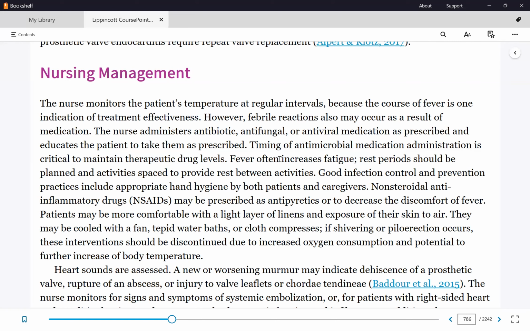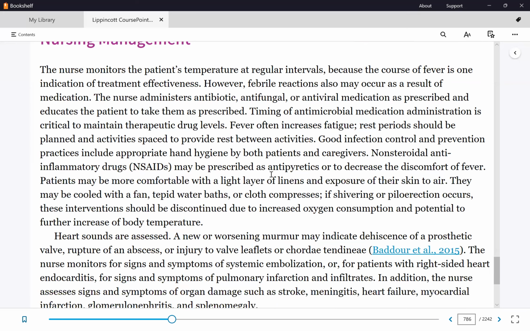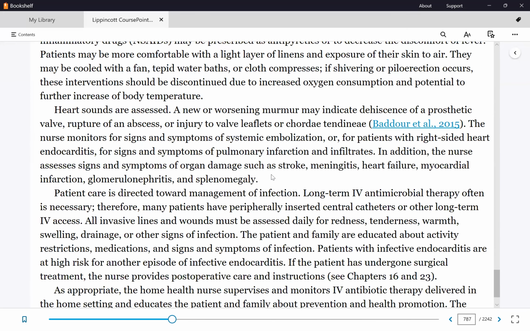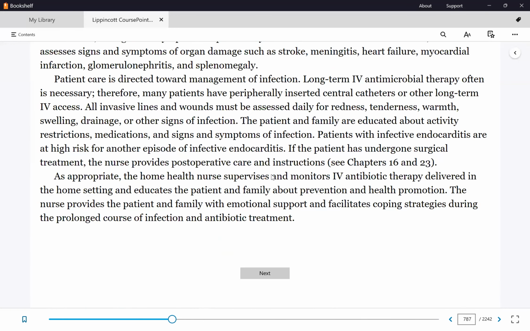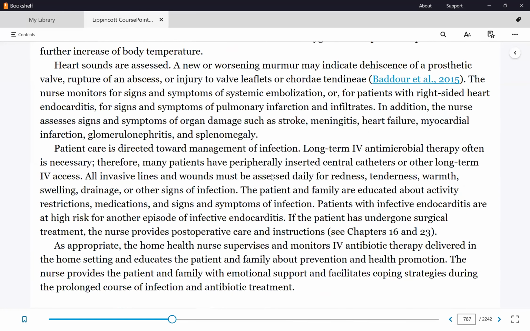For the fever, of course, we treat that with Tylenol or NSAIDs. If the patient did develop heart failure, then they'll be treated for heart failure, same therapy as we learned in Module 1. And as we already mentioned, meticulous central line care: meticulous hygiene, aseptic technique when accessing the central line and also when changing the dressings.